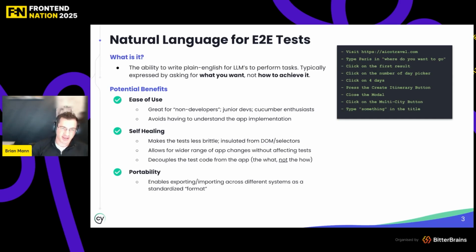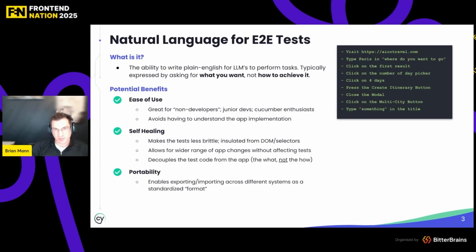And really, this is very enticing. This could yield some really big wins, whether it's for ease of use, right? It's great for non-developers or junior devs, or even people that enjoyed Cucumber, because ultimately, it avoids having to really understand all of the app implementation.